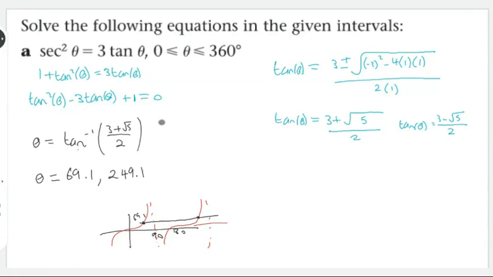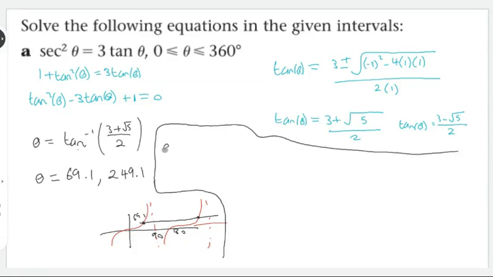Equally, you've also got your other value, which is theta is equal to the inverse tan of 3 minus square root 5 over 2.